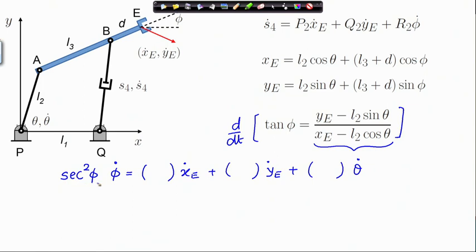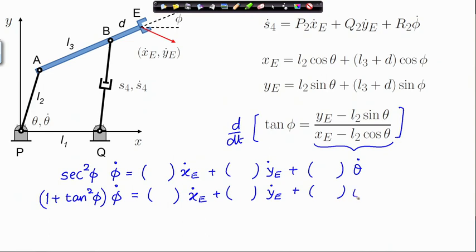Now, secant square phi can be again written in terms of tangent phi. So, I have this relation. Now, tangent phi is already known in terms of x e, y e and theta.